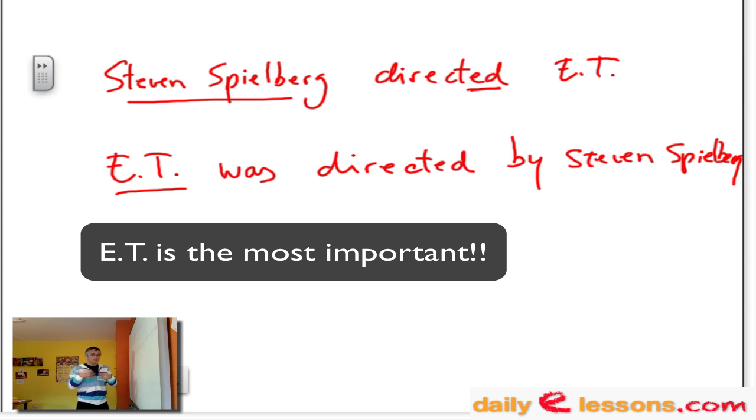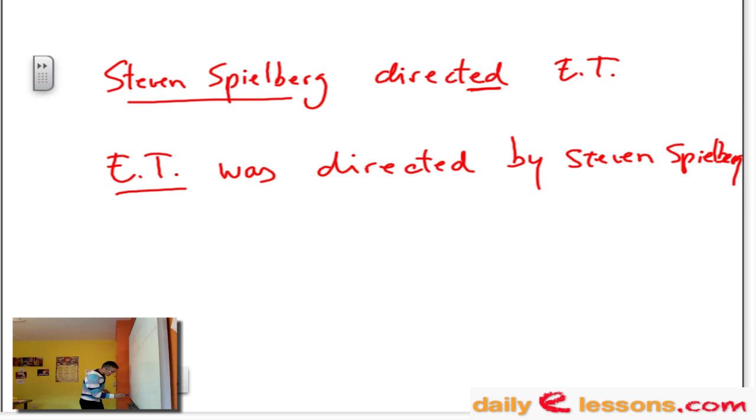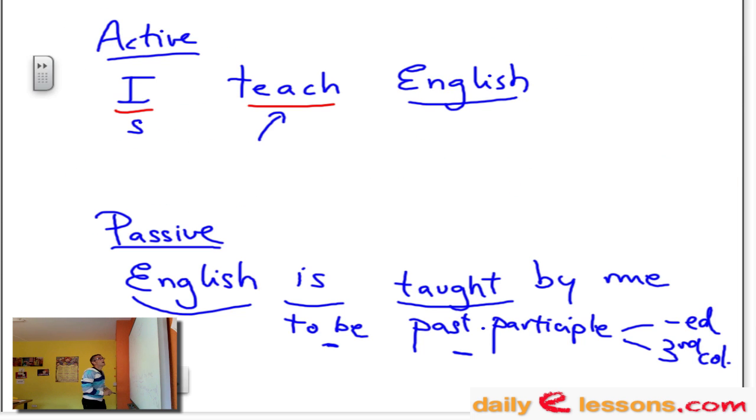Again, I'm going to review a little bit. We've got two different kinds of sentences. We've got the active sentence, where the subject does the action. While in the passive sentence, the subject does not do the action, rather the action is done to it. What do we need to create a passive sentence?